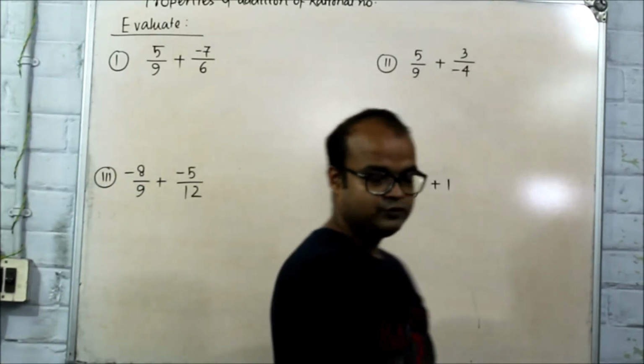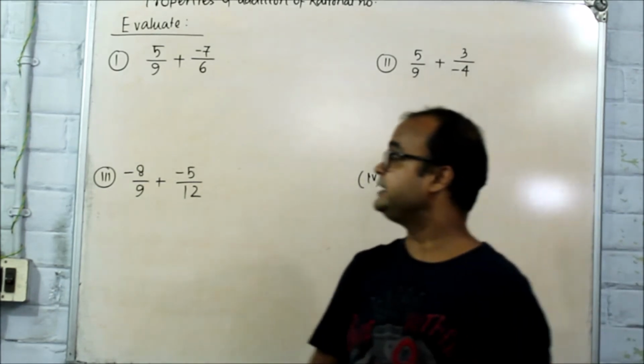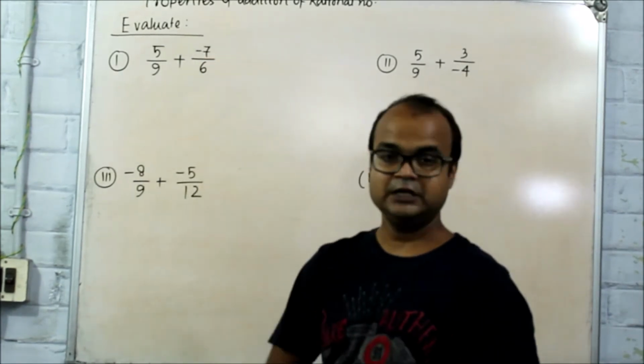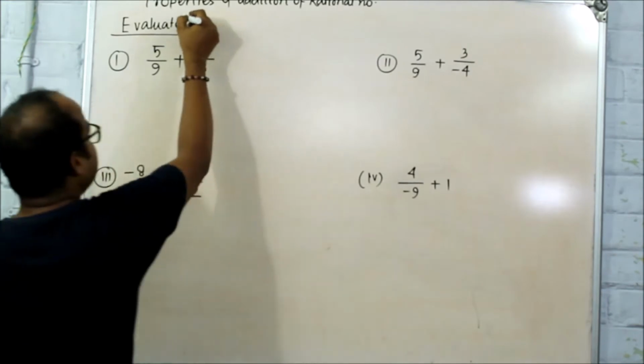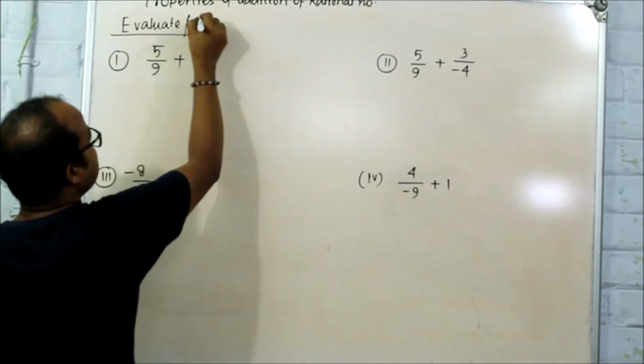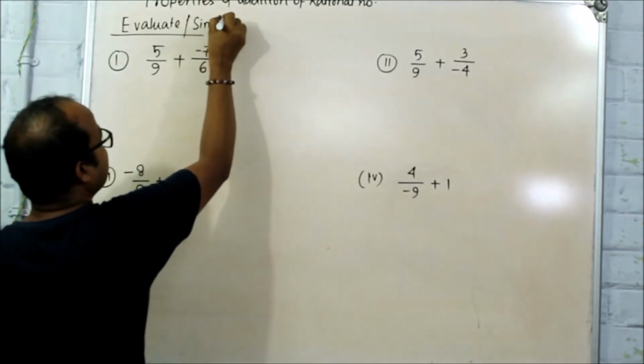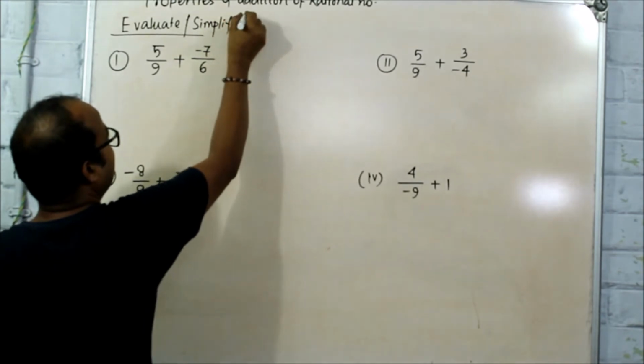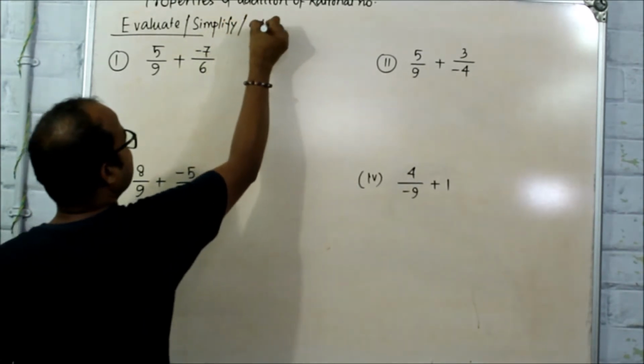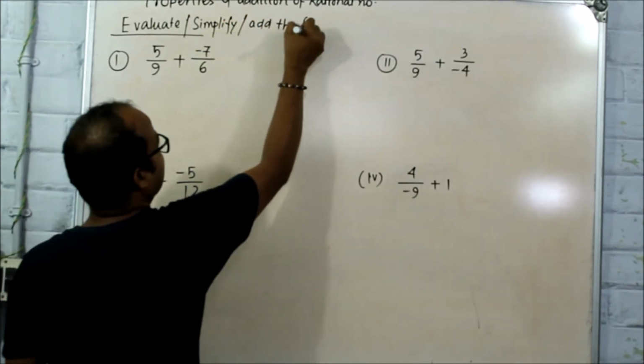Now we are going to discuss the next problem. It is given as evaluate, or it might be asked to you as simplify, or it can be given to you as add the following.